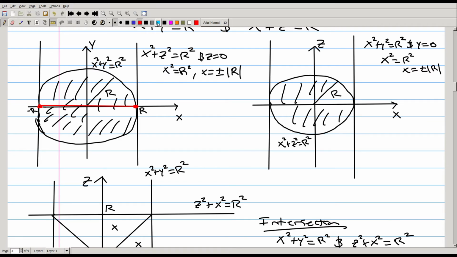And then as we travel from negative r to r in x, say this is a given x ordinate right here, our y bounds are going from a lower bound of the bottom of this circle to an upper bound of the top of this circle. So they're going from here to here. This is at any point.